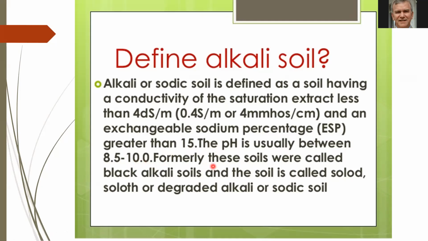Formerly, these soils were called black alkali soils, and the soil is called solid, or degraded alkali or sodic soils. The term that I'm most familiar with is sodic soils. Alkaline or saline soils. Next slide.